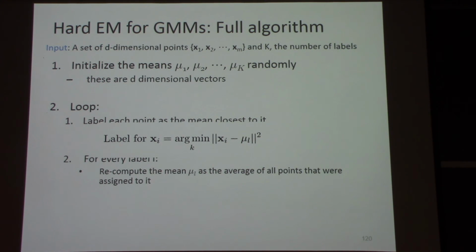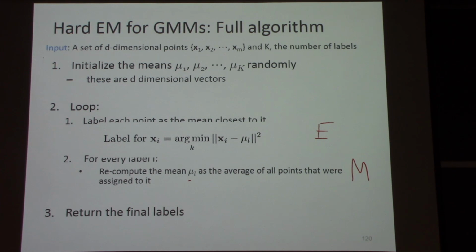Now for each label that you have, collect all the points that were assigned to it and take the average. That gives you your new parameters. This is your M step. This part is your E step. This is your M step. And then at the end, you can either return the final model or return the final labels.